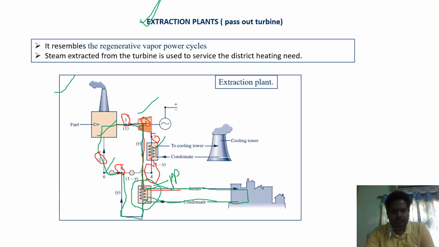So this cycle is also producing power. So here it is producing both power and heat simultaneously. So it is a cogeneration plant, also known as combined heat and power.